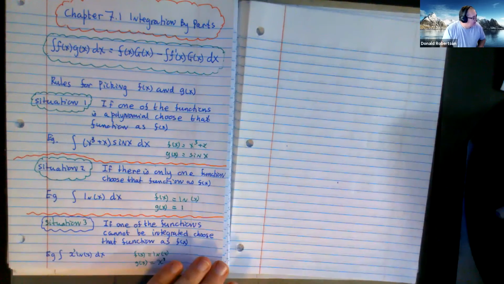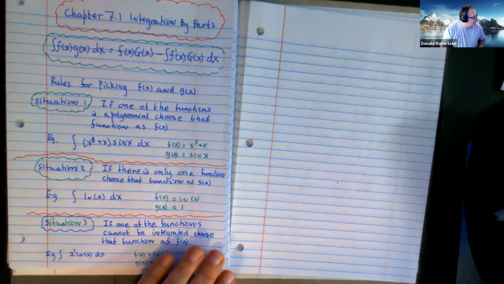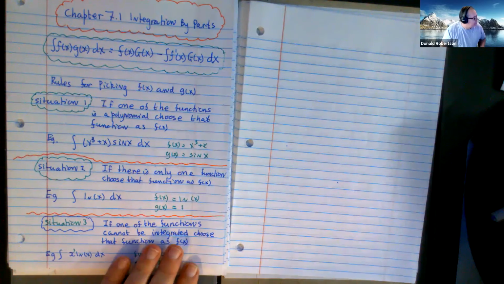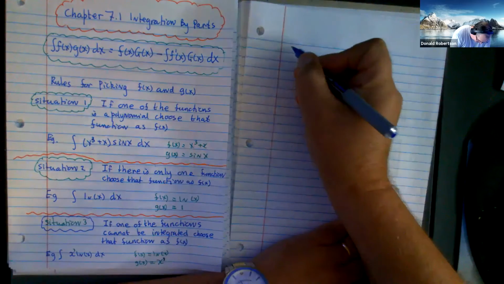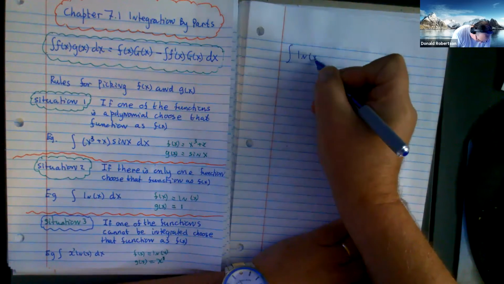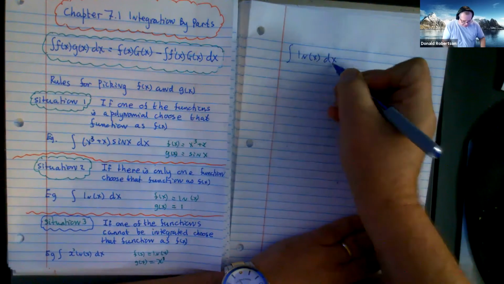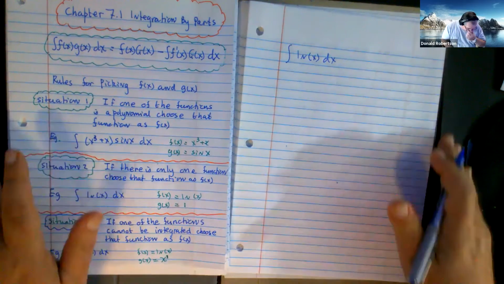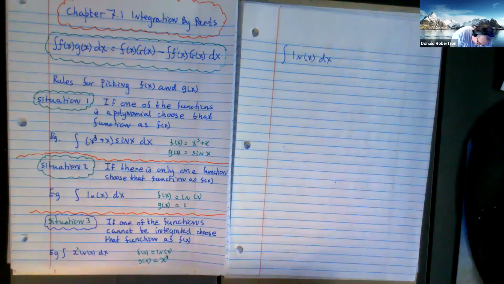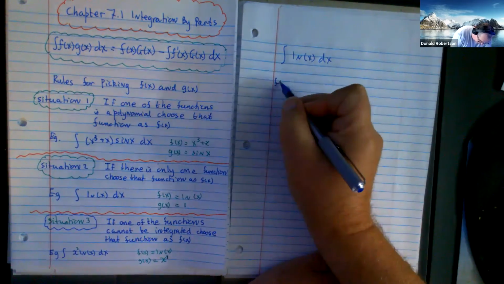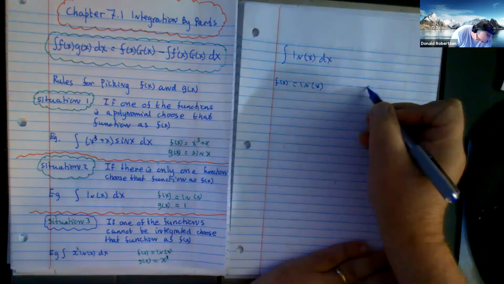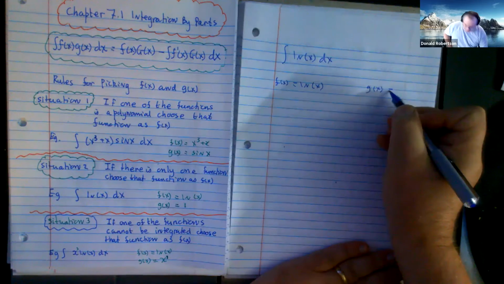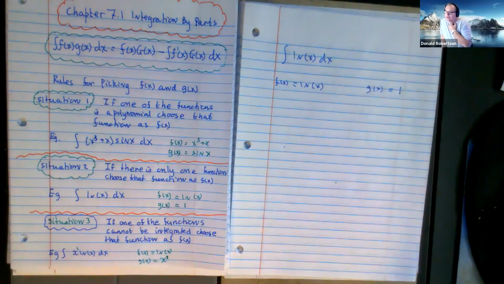So let's look at a single function on its own, and I'm going to do 2 of them. So I'll do this one first. And then I'll do a really ugly one after that. In this situation, when there's only one function, you make the f of x that function, and you make the g of x 1.